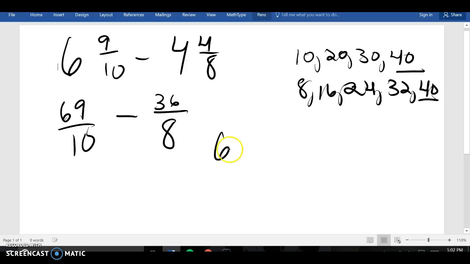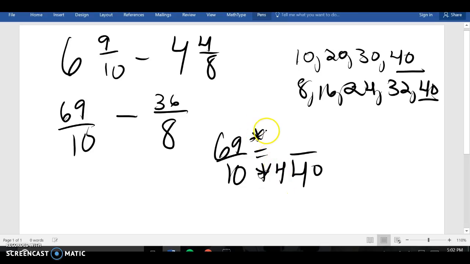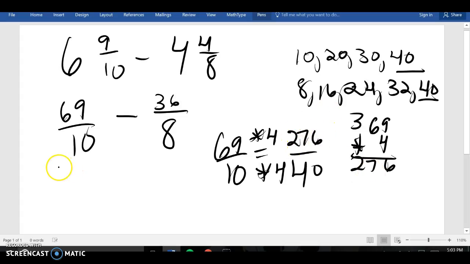So I have to take 69 over 10, make that 40, do it to the bottom, we have to do it to the top, which gets us really large and obnoxious numbers. So 4 times 69 is 276. So 276 over 40 is our first fraction. 36 over 8 equals something over 40.